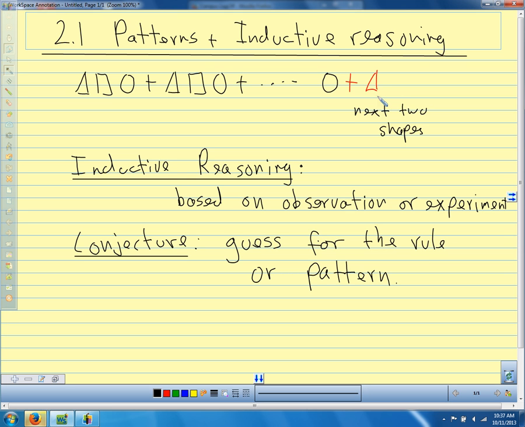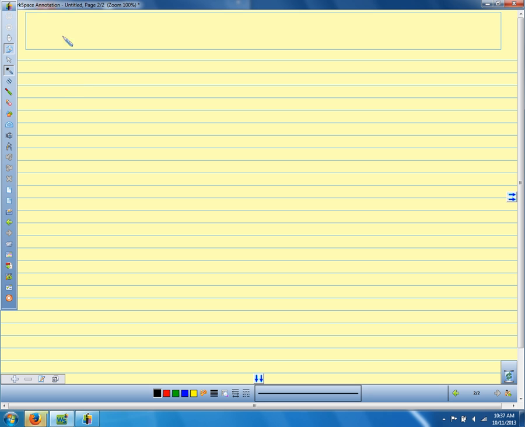So what I want to do today is look at some different kinds of patterns and make conjectures, try to figure out some rules based on our inductive reasoning, based on our observation. So let's make some conjectures.